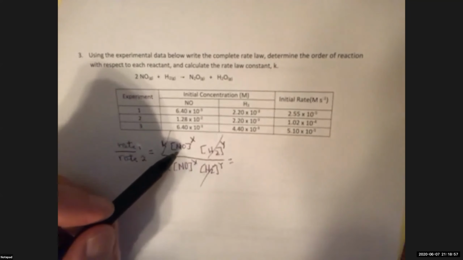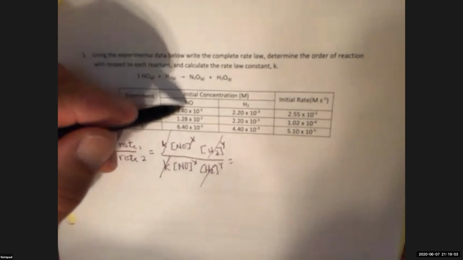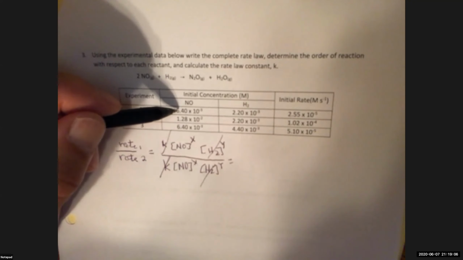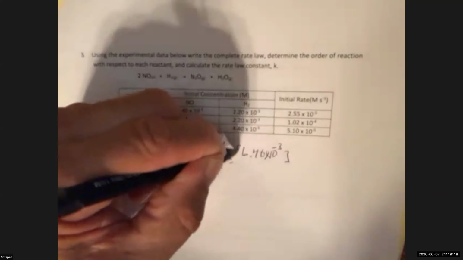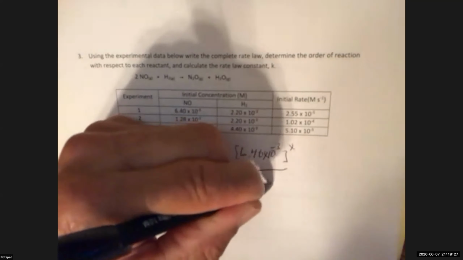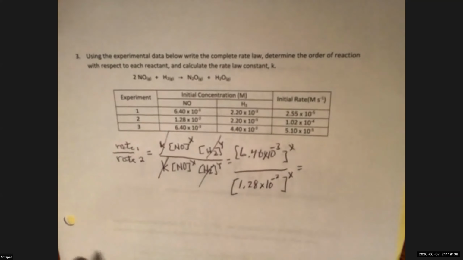So if I plug in the value for NO in the first reaction, it's 6.40 times 10 to the minus 3 molar to the power of X, over, in rate 2, 1.28 times 10 to the minus 2 molar, also to the power of X, is going to equal these different rates.